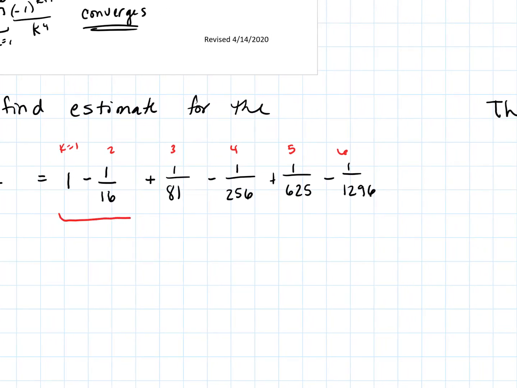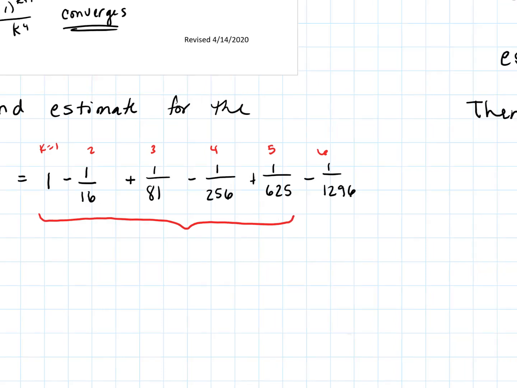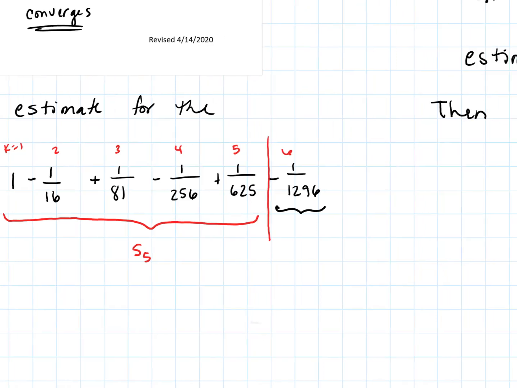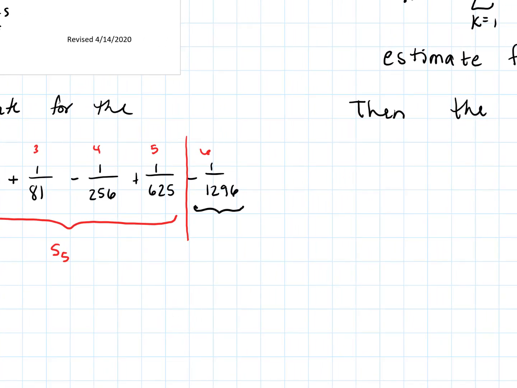So check this out. If I add up these terms right here, so this is one way to figure out how many terms you have to add up. If I take S5, which would be the first 5 terms, look at what the 6th term is in absolute value. This b sub 6 right here is actually less than 1 over 1,000, which we wanted to be accurate to 3 decimal places.